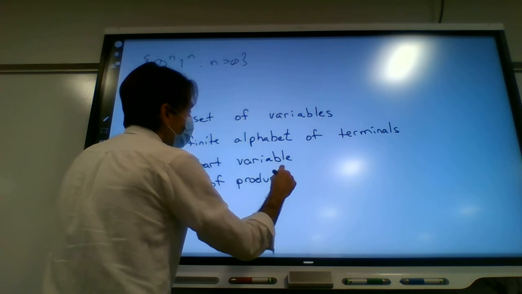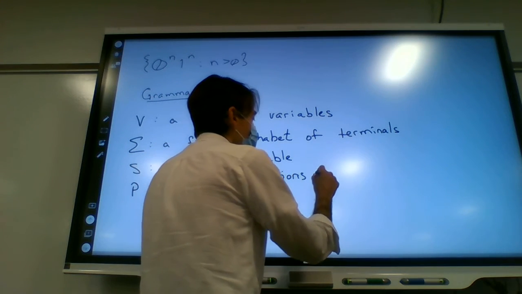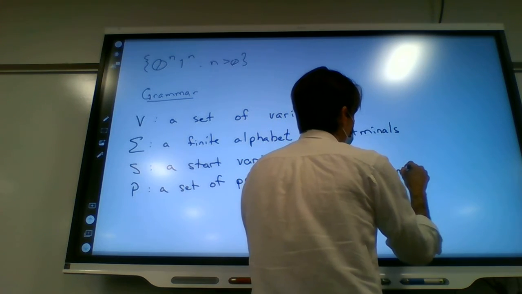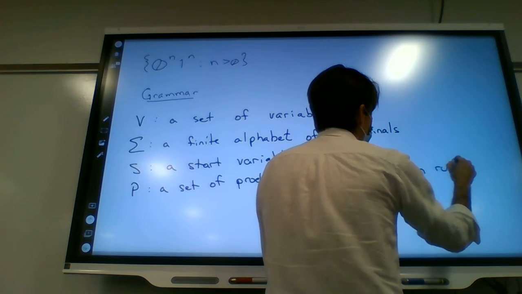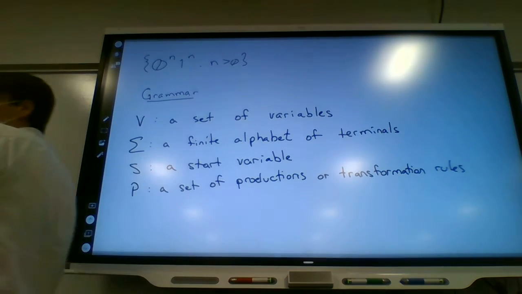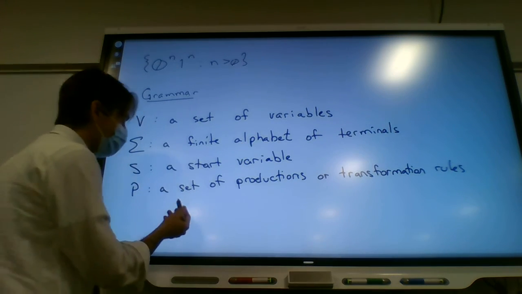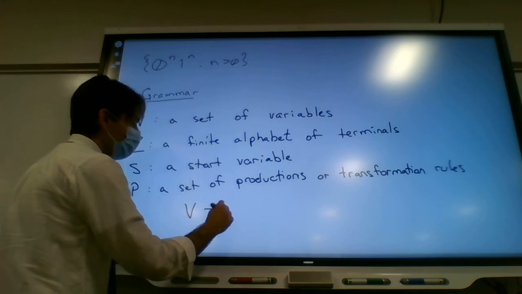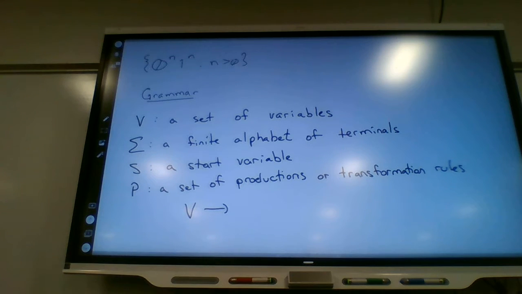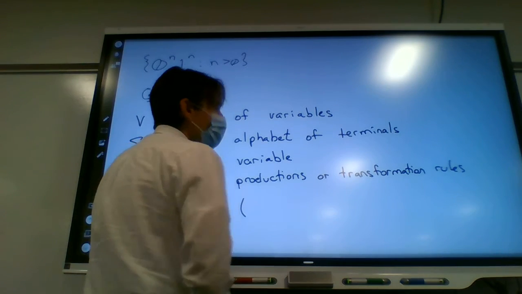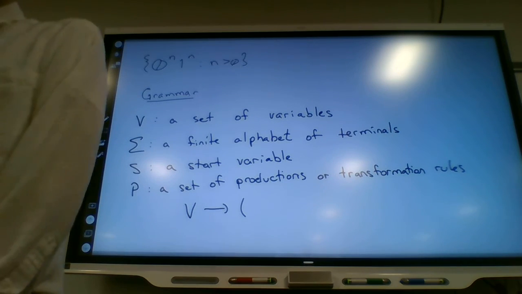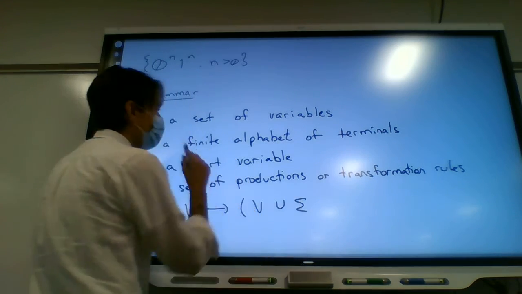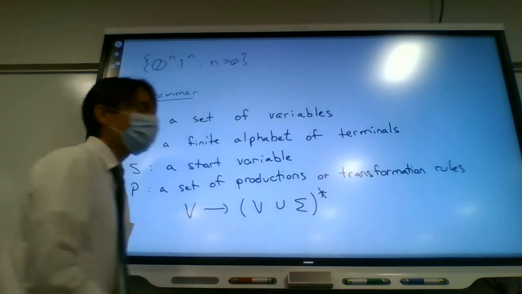And these productions we might call transformation rules. These productions are in a form like this. We're taking something from the set V, so the set of variables, and we're replacing that with maybe something else from the set V, or one of the terminals, and then some number of times.